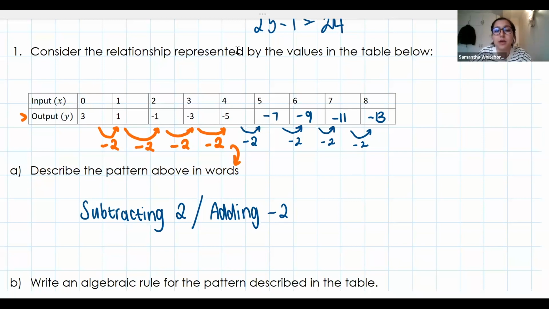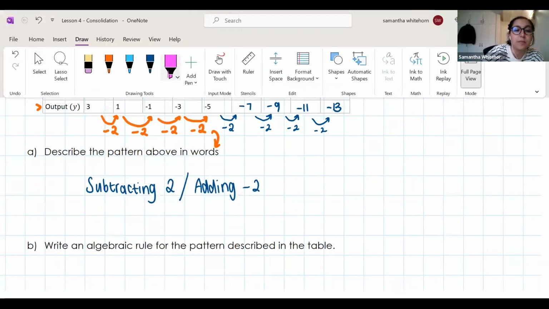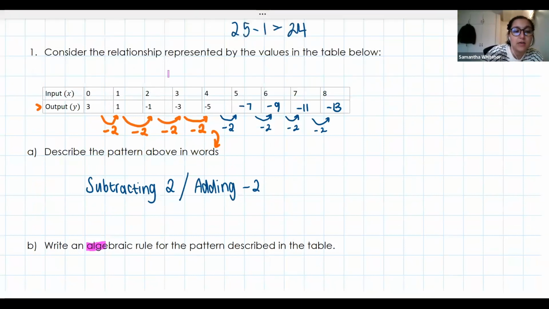So what we need to be able to do with our pattern is answer a question like what B is asking: writing down an algebraic rule. Remember, an algebraic rule is one where we use x and y to tell us what operations are happening to our input to get our output.